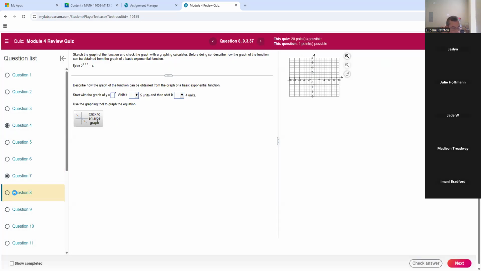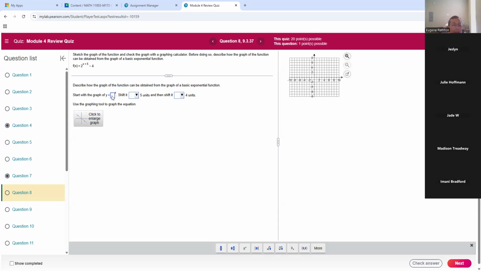All right, y'all, number 8 was the one where you had to figure out what moves it was doing and then graph it. So for this one, start with the graph of y equals blank to the x.